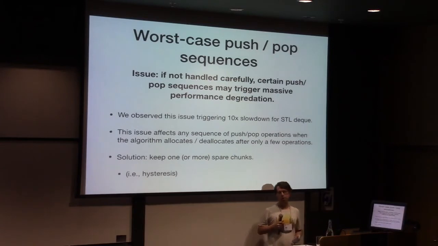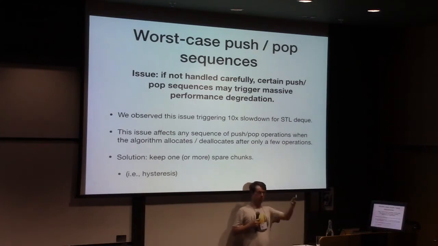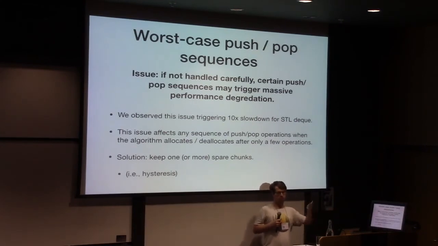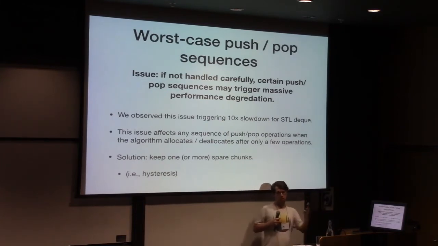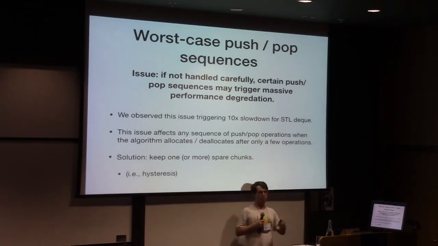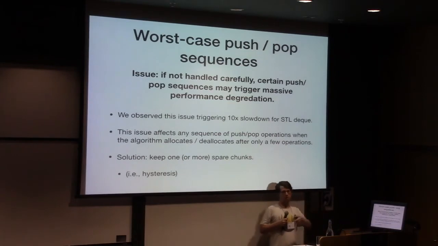One way of doing it that we worked out is, on the end of the sequence you care about, if it's just the front, then you do just the front, but if it's both ends, you allocate two chunks, and that gives you the hysteresis you need to amortize the allocations and deallocations for any push-pop sequence.